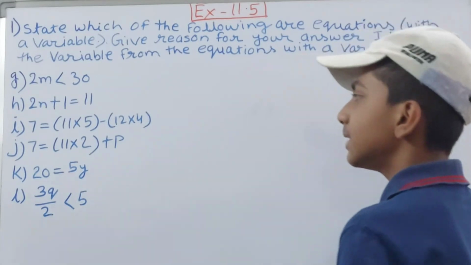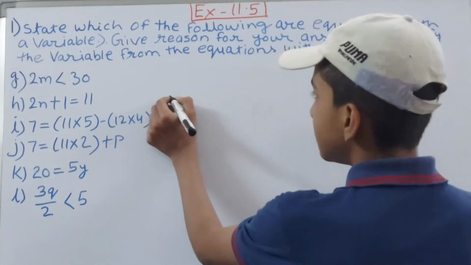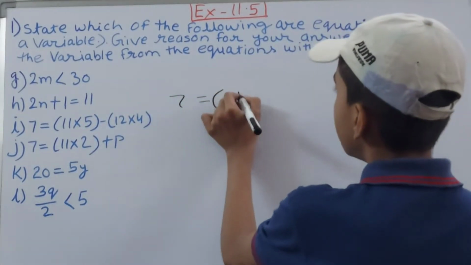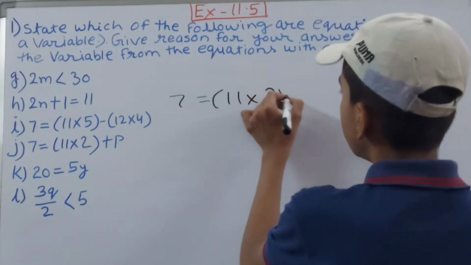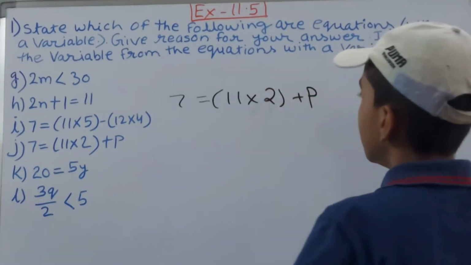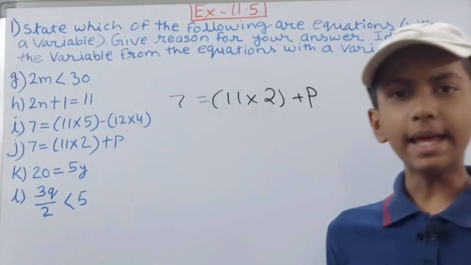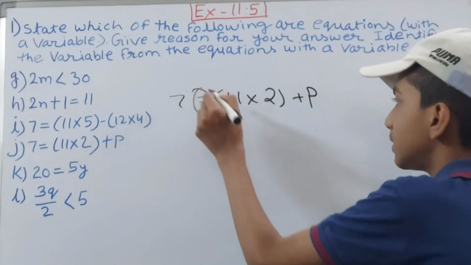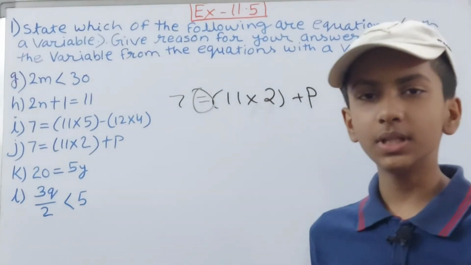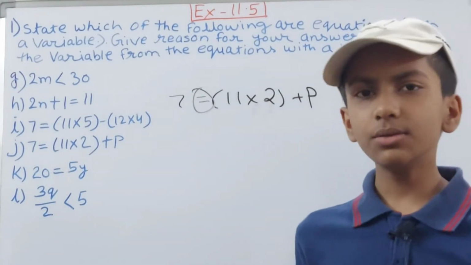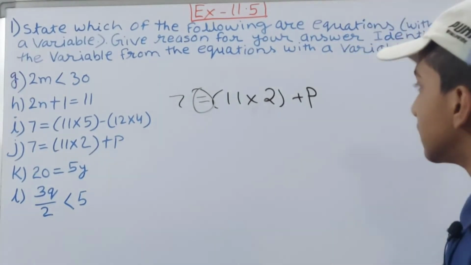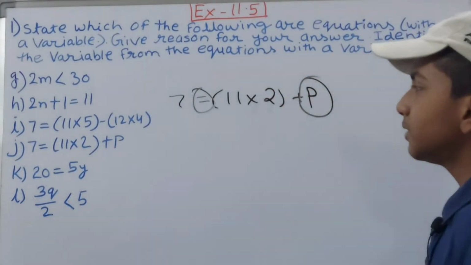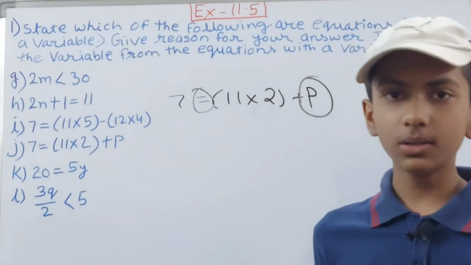This part is j part, and this is 7 is equal to 11 into 2 plus p, right? Now if you see here, can you see the equal mark in this question? Yes, you can see here this is. Can you see a variable in this? Yes, you can see this is the variable. So that means it is fulfilling again all the conditions.